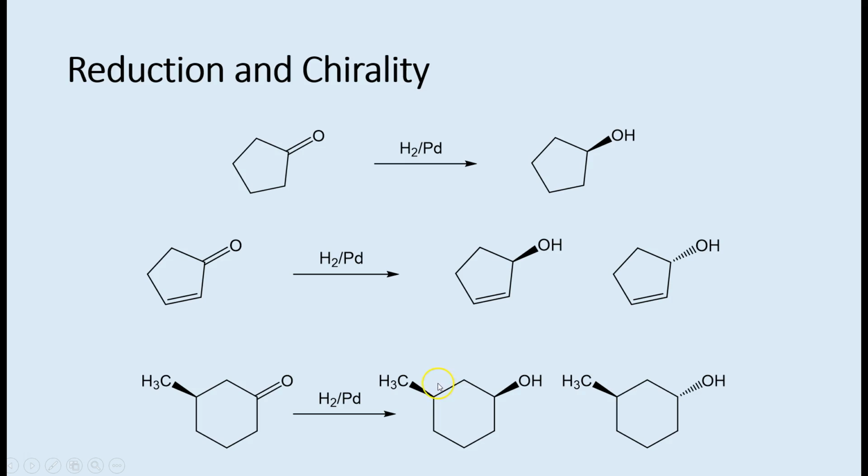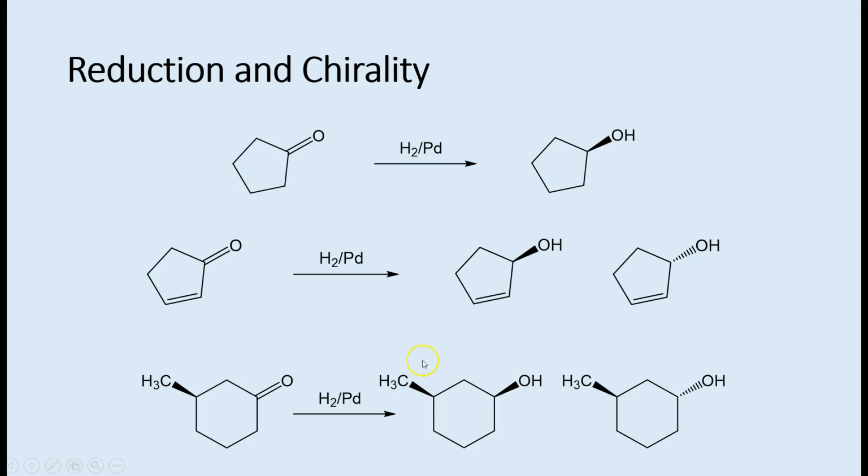So here's something important to notice. The reduction does not alter this existing chiral center at all. It's going to retain the same configuration that it had before. But the new chiral center that I'm creating could be reduced so that the OH winds up facing up, or so that the OH winds up pointing down.